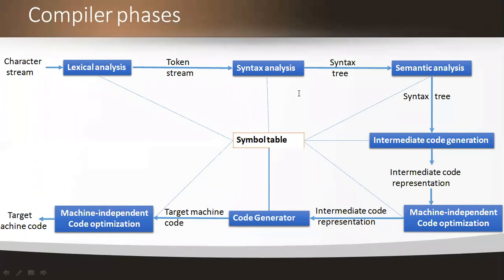Here we generate code by applying some simple code generation algorithms, and then finally we generate the output in the form of a target machine code. This is what our output is, this is our executable object program. So finally, the object program that we generate is in the form of a target machine code.